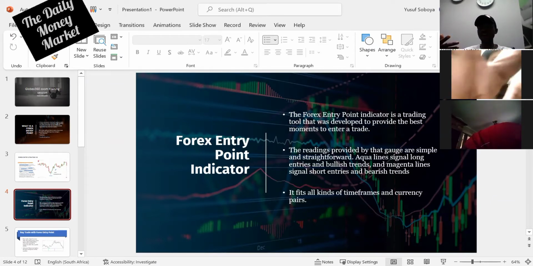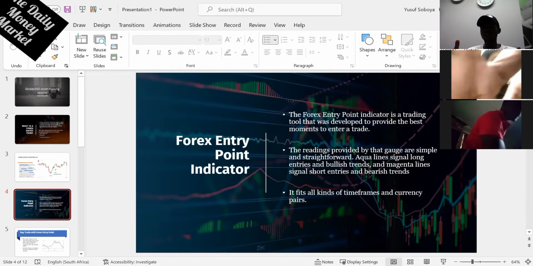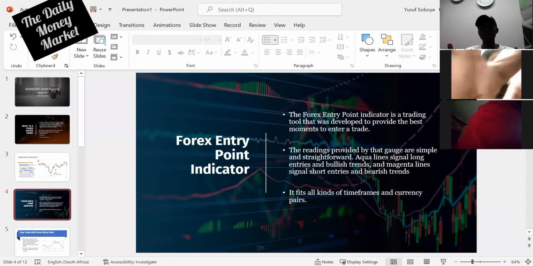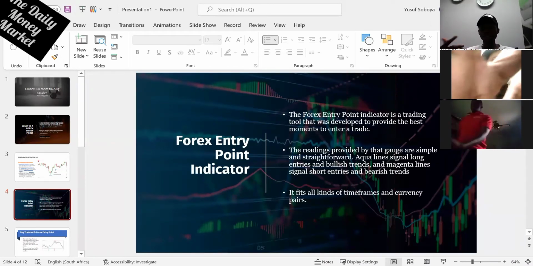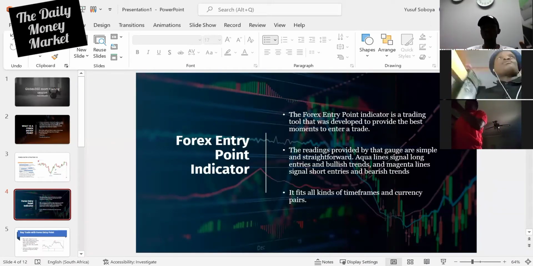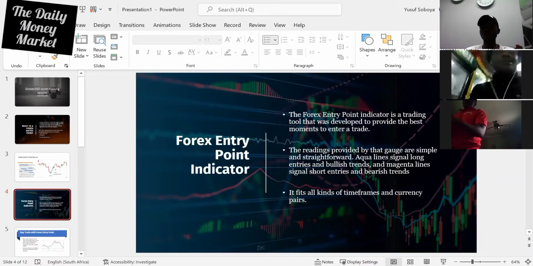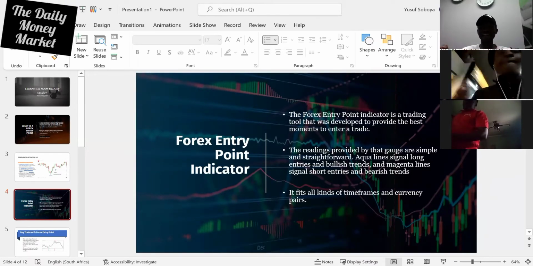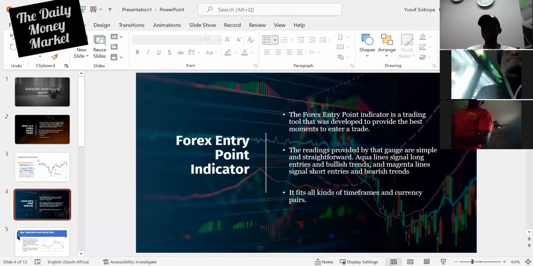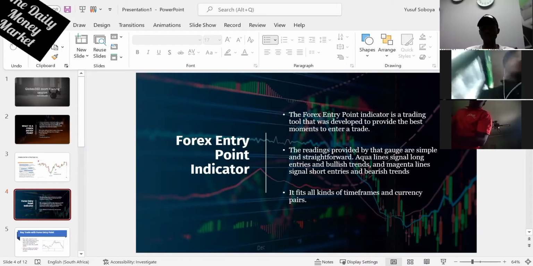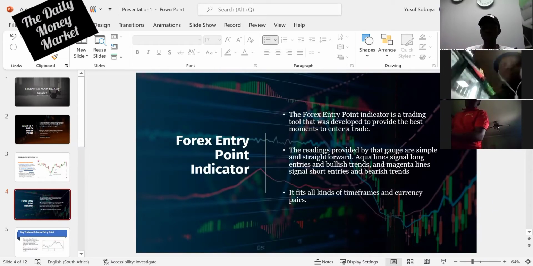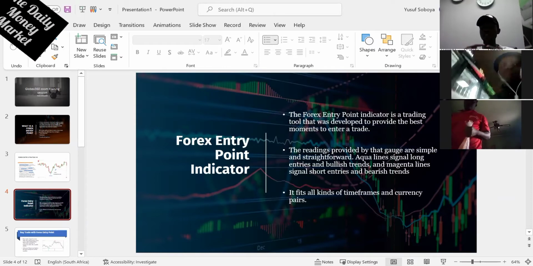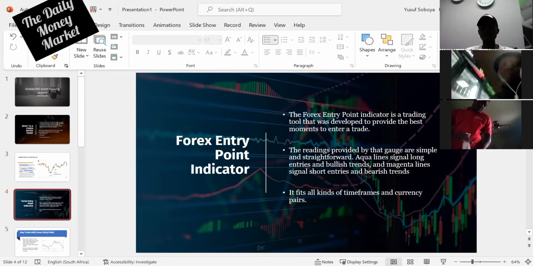The readings provided by the gauge are simple and straightforward. Blue lines signal long entries in a bullish trend, and the magenta lines signal short entries in a bearish trend, right? It fits all kinds of time frames and it works with currency pairs.